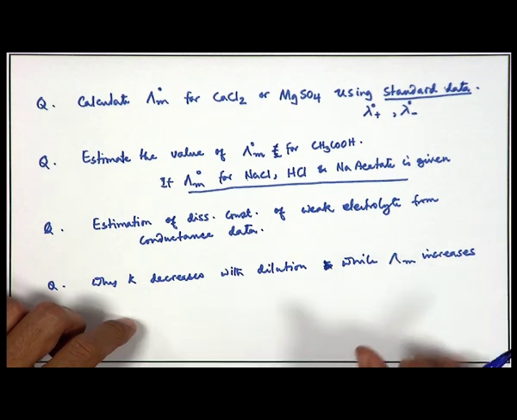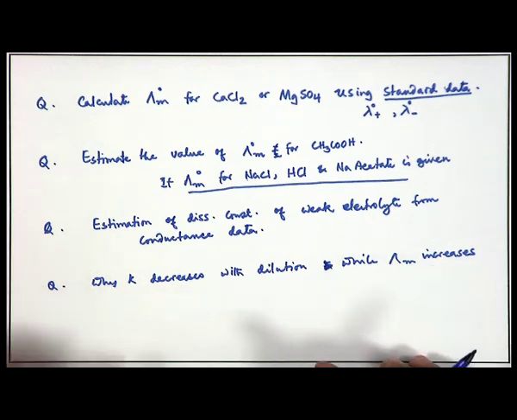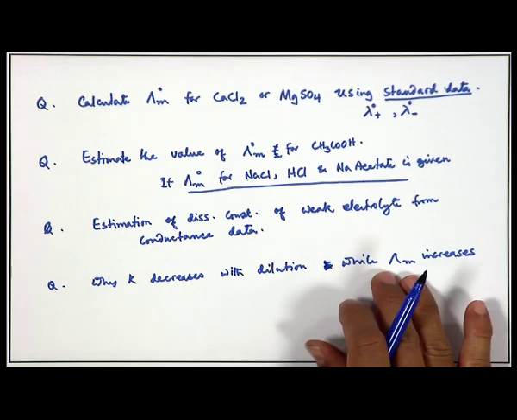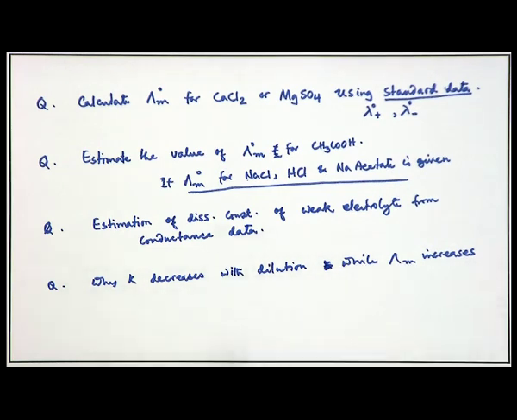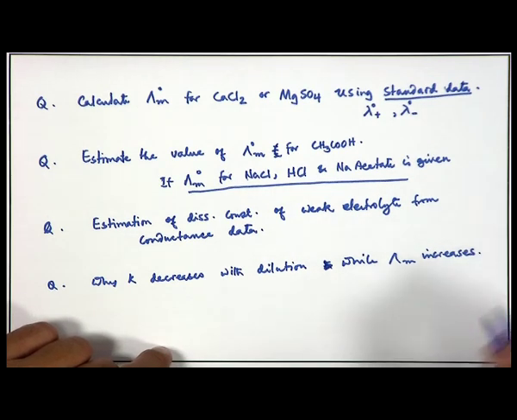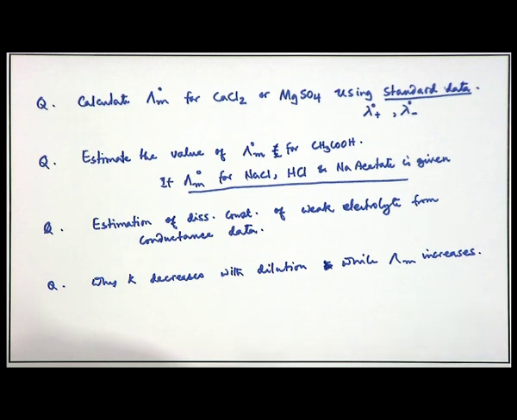The volume increases enormously, although kappa reduces; the effect of the increase in volume is so much compared to the decrease of kappa that ultimately lambda m increases from one value to another. So these are simple questions that you can ask yourself, and then find the solution.